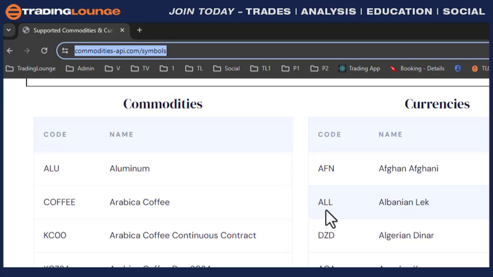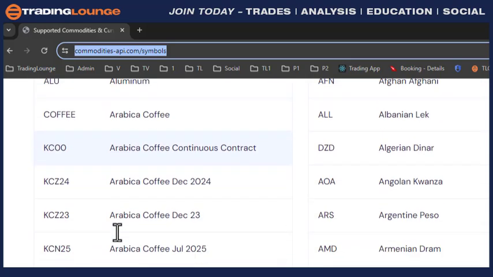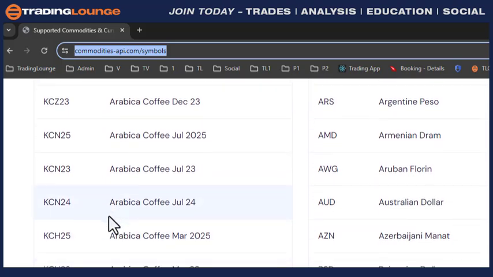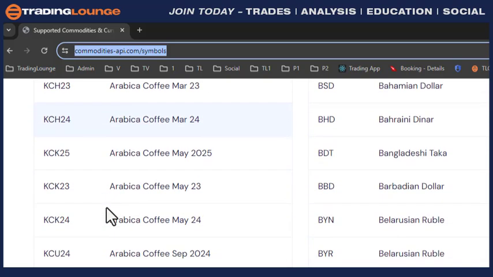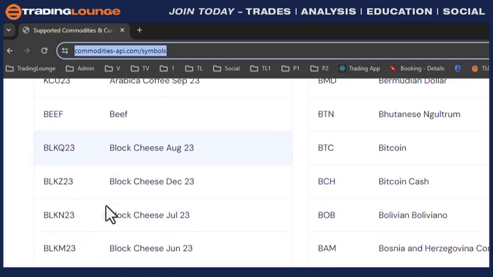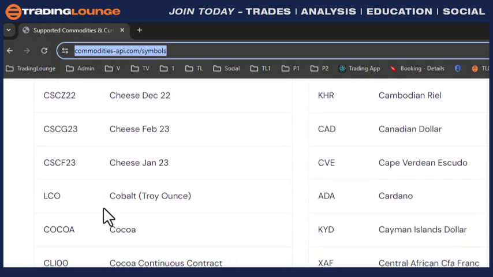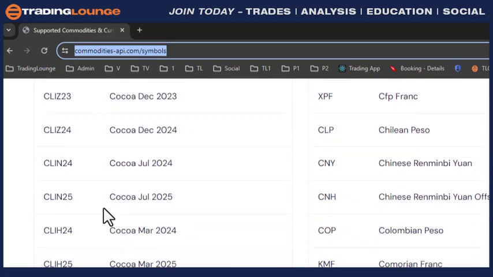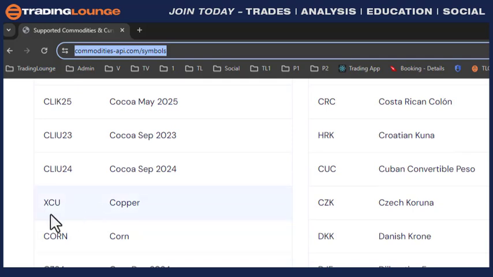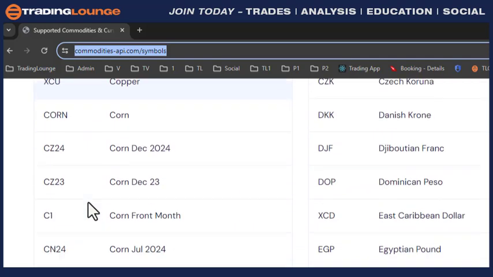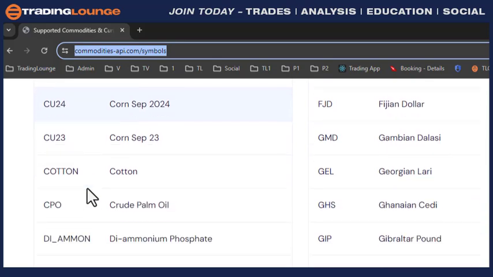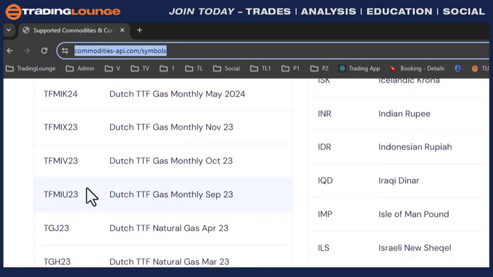Many commodities are futures contracts anyway, so the codes for these will be here. We've pretty much got everything that we need to look at. You just have to understand the futures code for copper or for silver or whatever you're looking at.